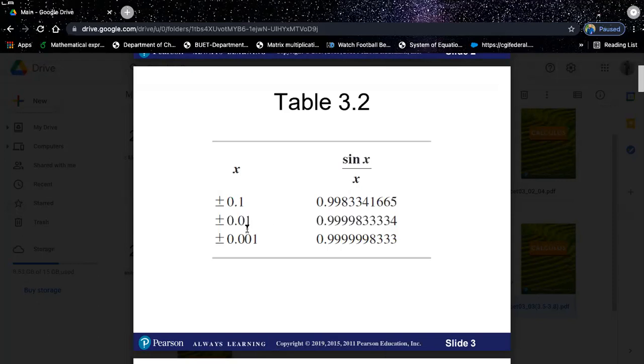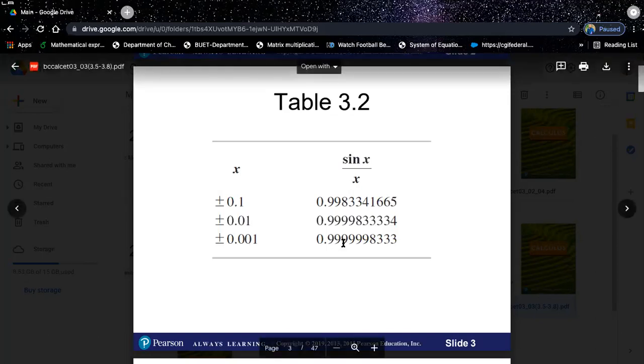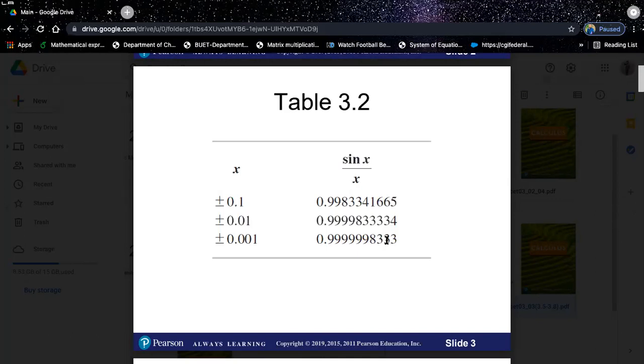And if we go really close to 0, we can increase the number of zeros here, a couple more. If you add a couple more zeros, you'll see there will be more nines here, 0.99999, and it will keep going like this. So this means, as you can see, this value is increasing, right?